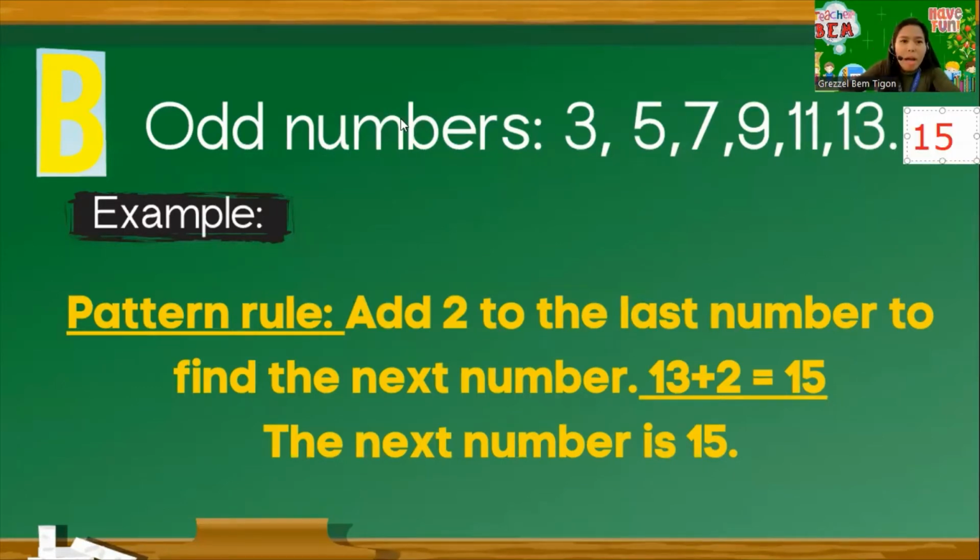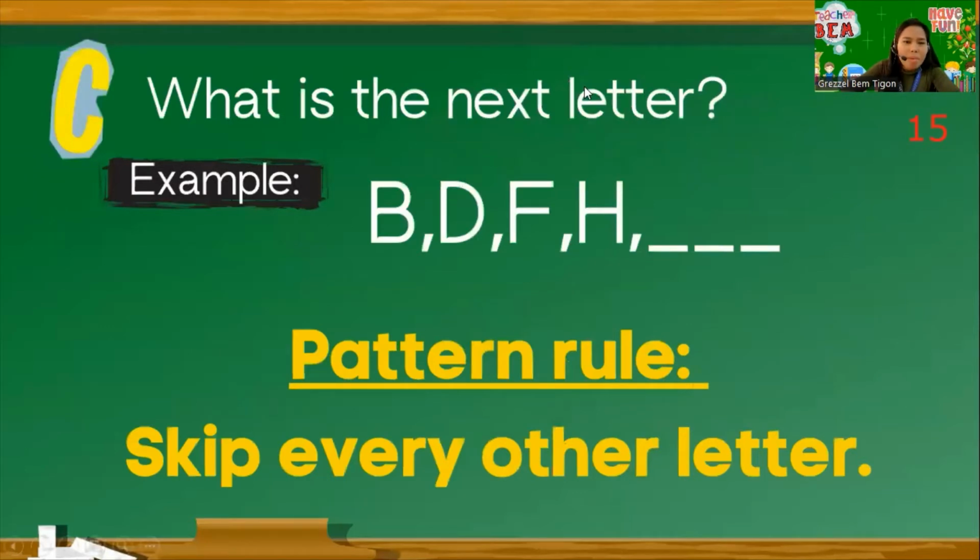And not only numbers, but we also have letters. For example, B, D, F, H. Now the pattern rule here is skip every other letter. So what is after H if you're going to skip one letter?